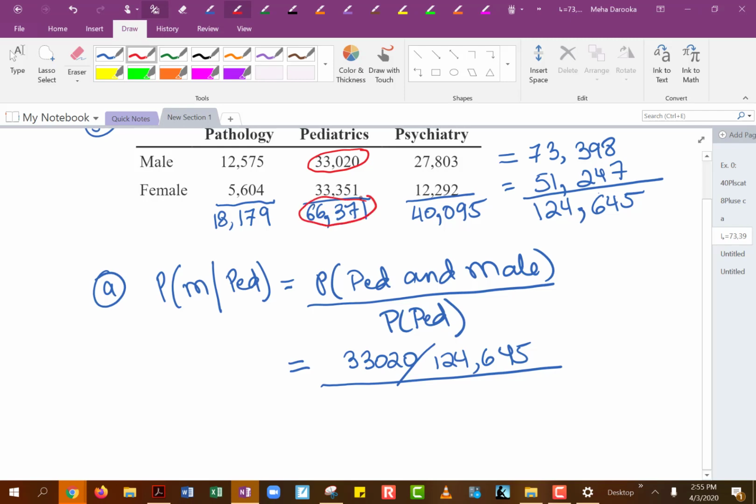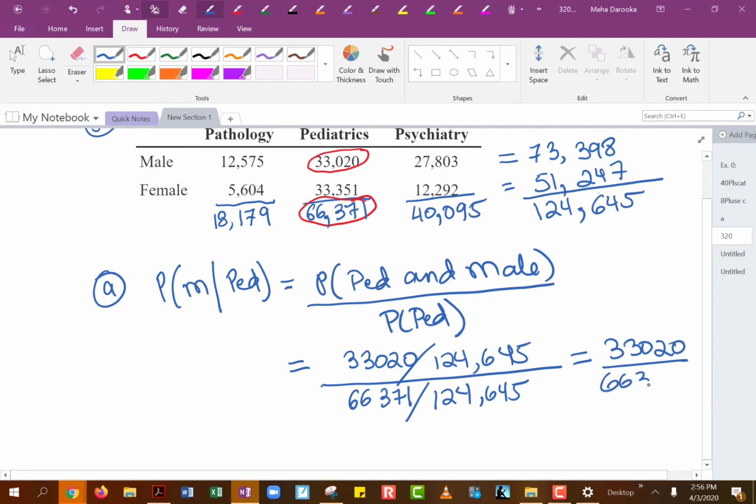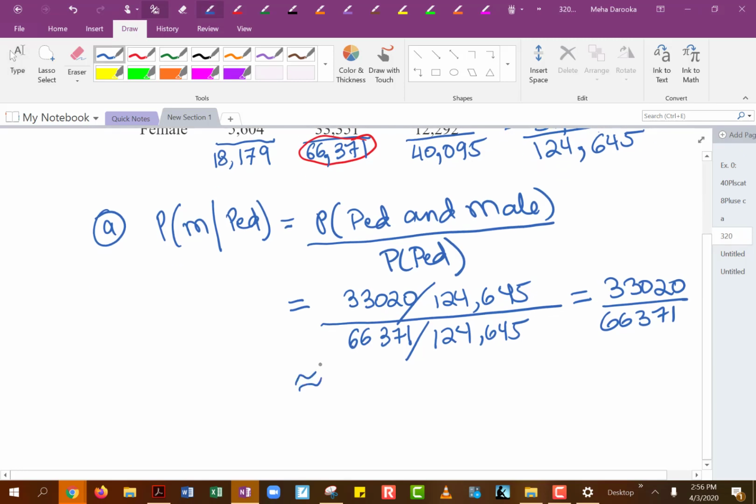So that's going to be this number here, 66,371, again over the grand total of 124,645. So basically it comes out to be 33,020 over 66,371.